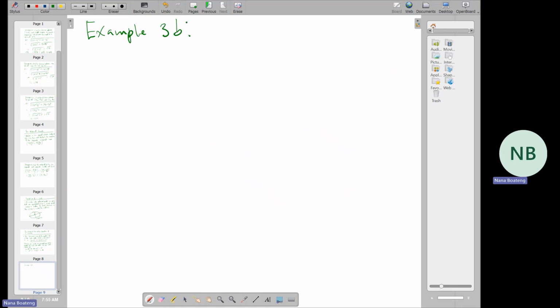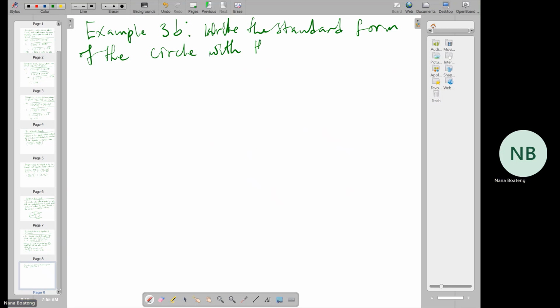Write the standard form of the circle with the given center and radius.